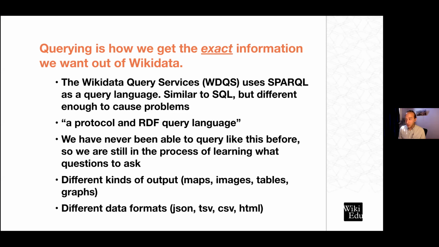And another very cool thing about linked data and SPARQL in particular is that there are different kinds of output for the data. You can render things as maps or as images, tables, and graphs. Another very cool thing is that you can download this data as JSON, TSV, CSV, or HTML format, which makes it extremely nimble in a lot of different kinds of programs.